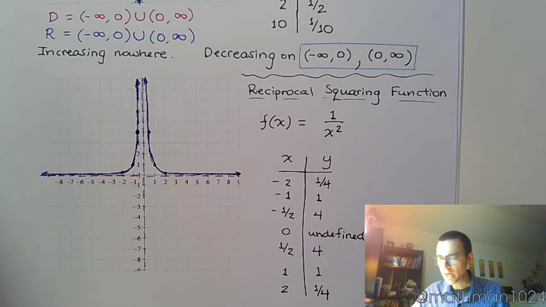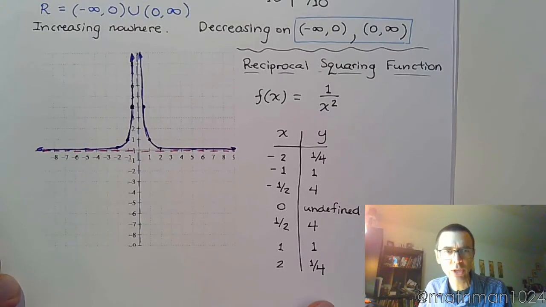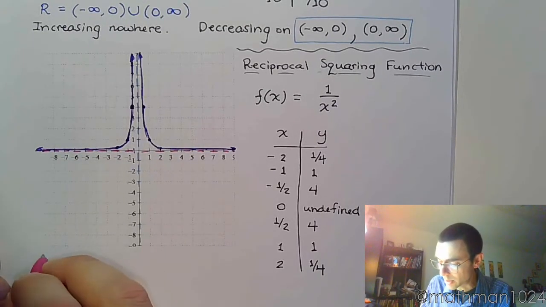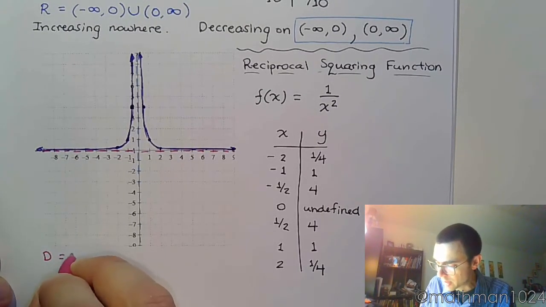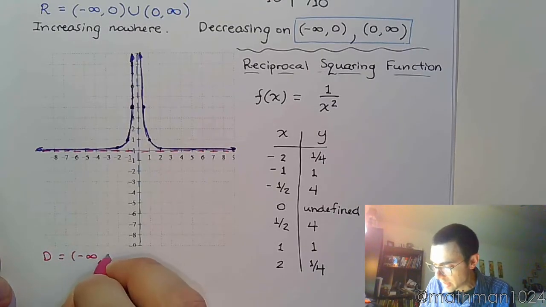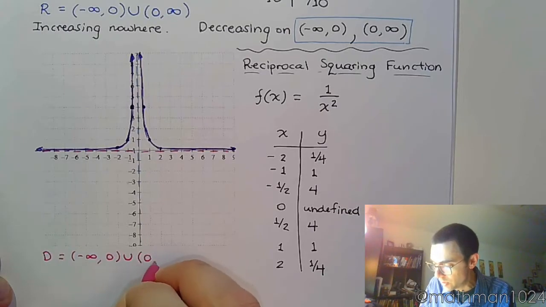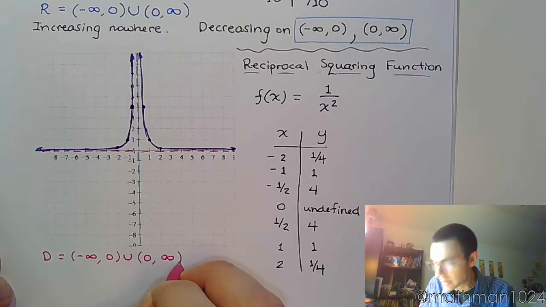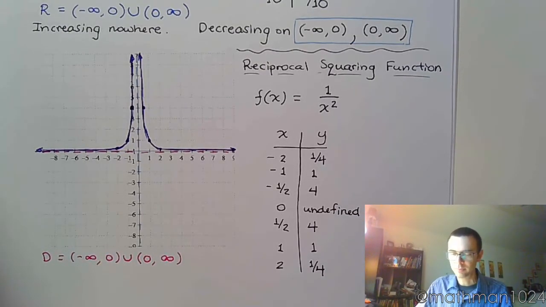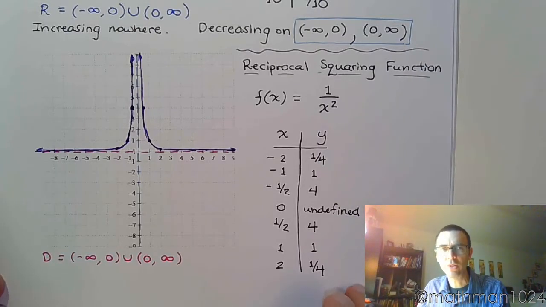Alright, so what is the domain? Let's see. It looks like my domain should be the same as the reciprocal function. So my domain is going to be all real numbers except for 0. So negative infinity to 0, union 0 to infinity. And then my range.